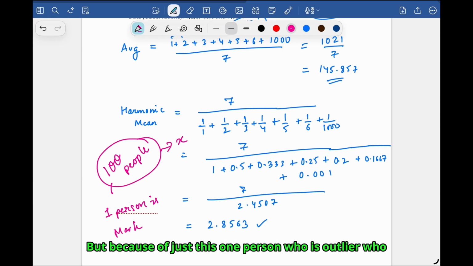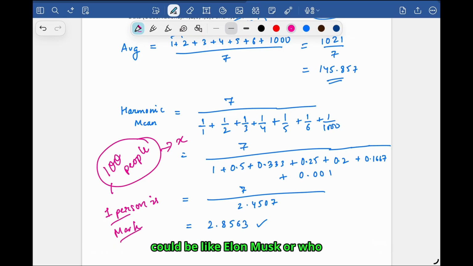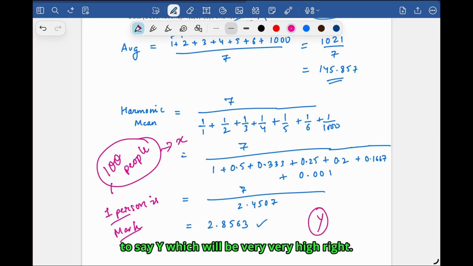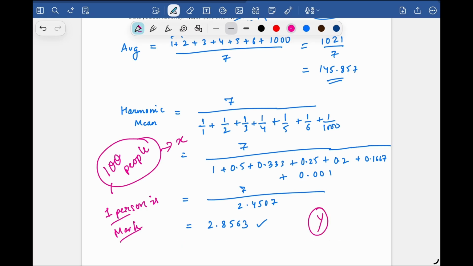But because of just this one outlier, who could be Elon Musk or Jeff Bezos, the average income has gone up to, say, Y, which will be very, very high. Just because of one person, the average income has gone up.